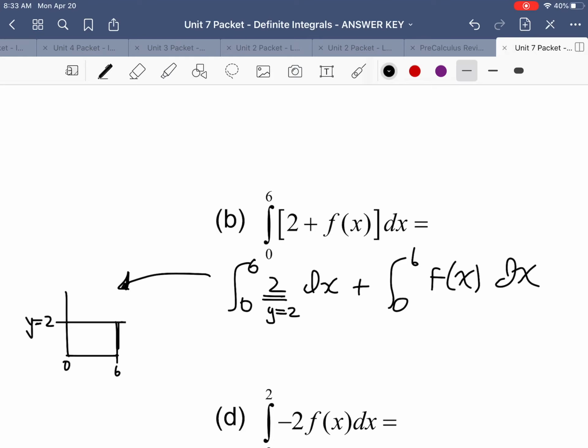Now again, the integral generally means the area between the function and the x-axis. So what, pray tell, is the area bounded between this function and the x-axis going from x equals 0 to x equals 6? Exactly. The area is going to be equal to 12.